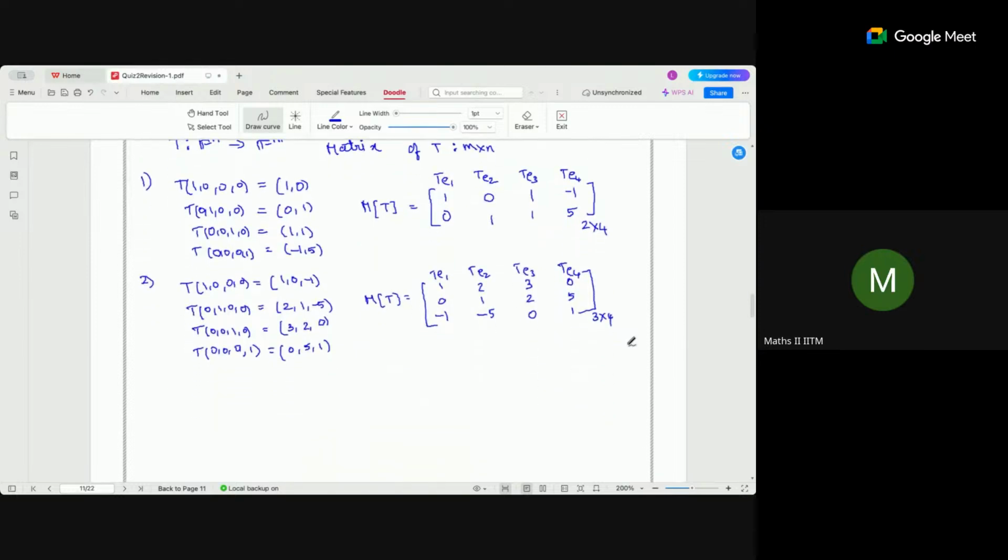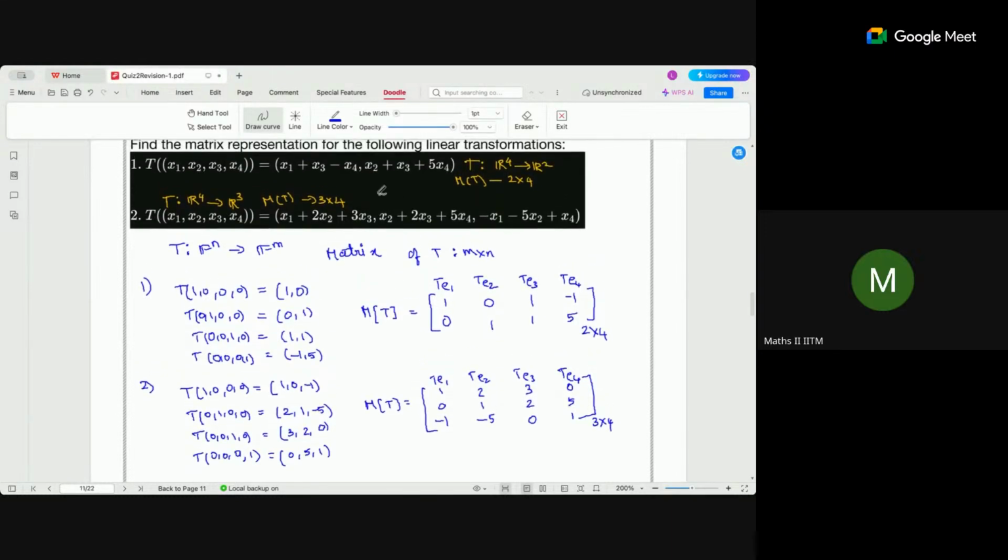If you multiply, what will you get? x1 plus x3 minus x4, and then x2 plus x3 plus 5x4. So transformation to matrix or matrix to transformation, you should be clear with both.